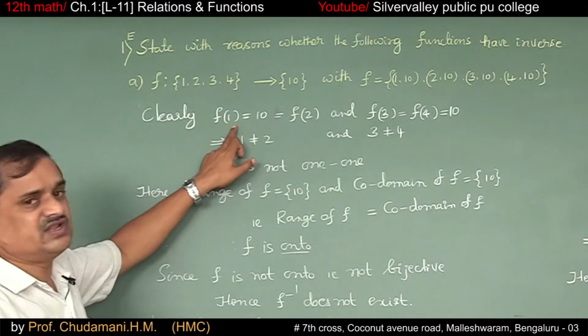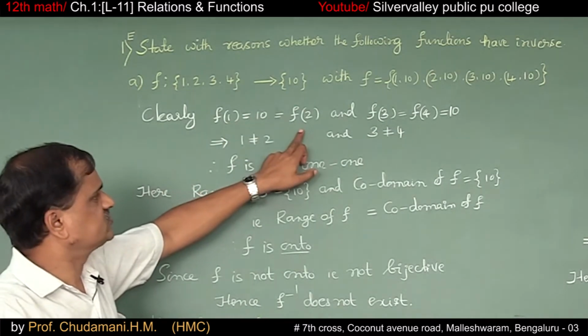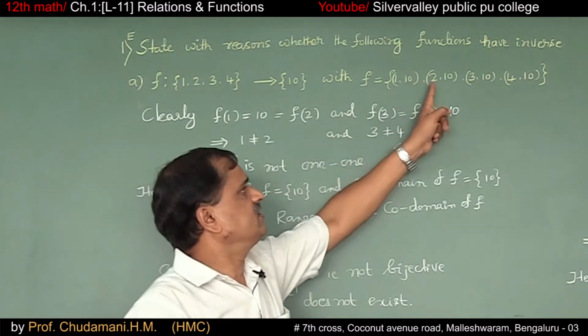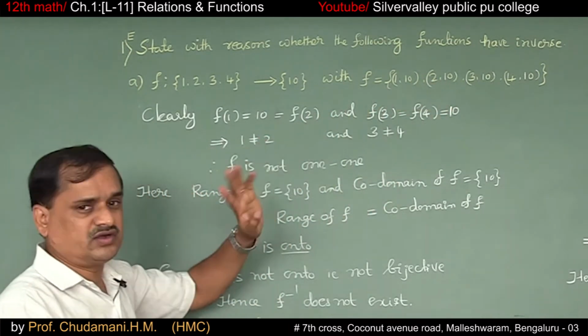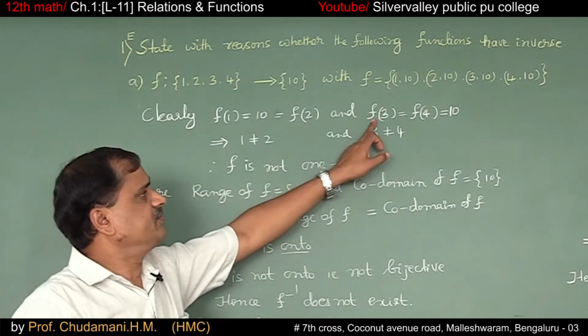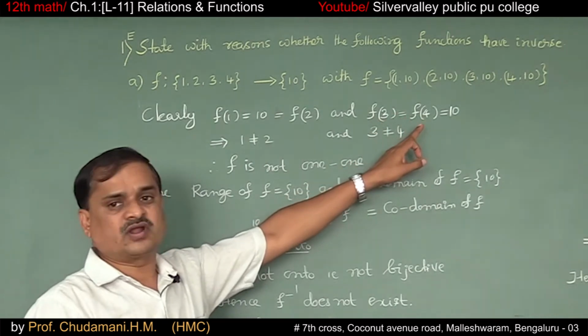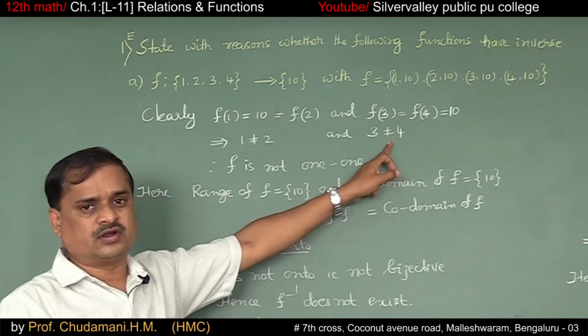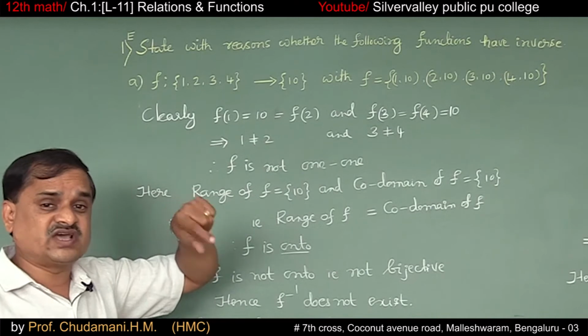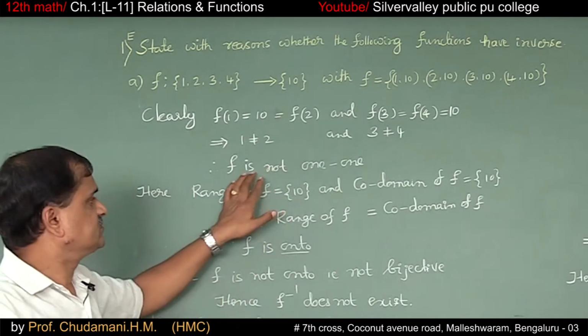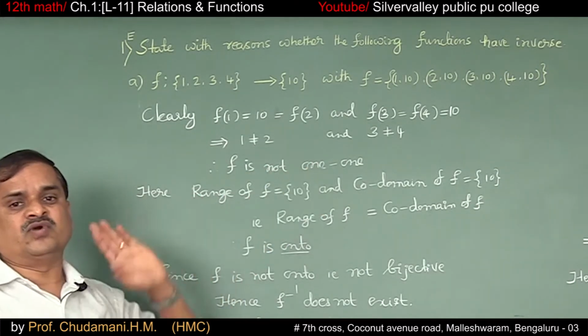Clearly, f of 1 is equal to 10, f of 2 is also 10, but 1 and 2 are not equal. F of 3, f of 4, both are 10. Again 3 and 4 are not equal. Distinct elements do not have distinct images, that's why it is not a one-one function.